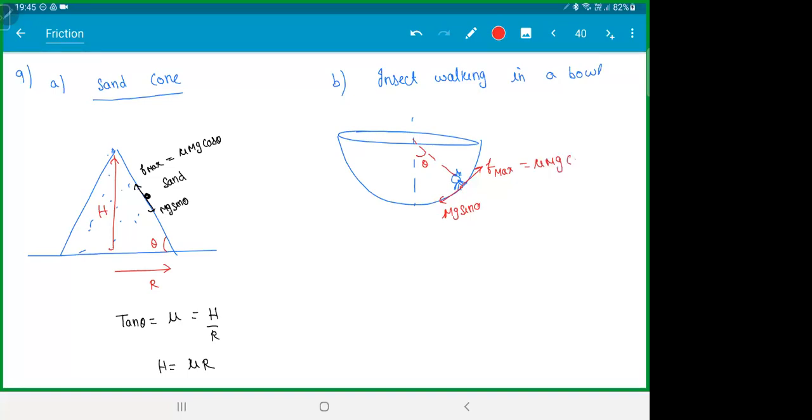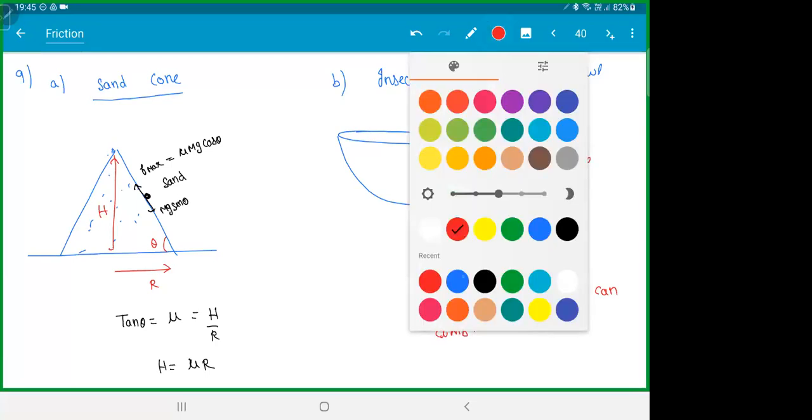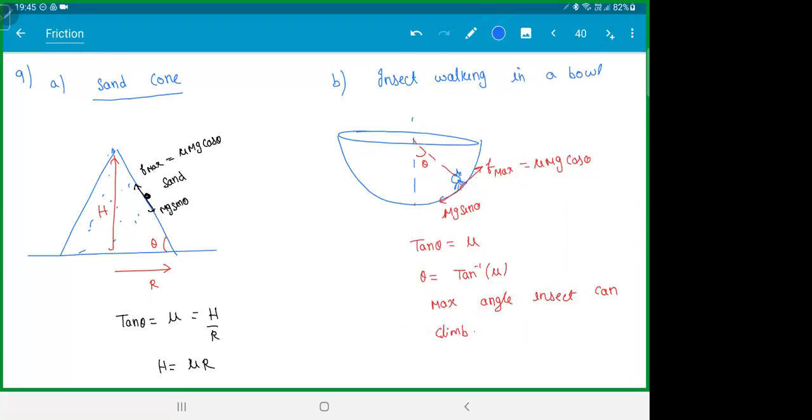Again, it is angle of repose. The insect cannot climb more than angle of repose, tan inverse mu, the maximum angle the insect can climb. All these are based on angle of repose. You could have written directly, it goes up to angle of repose. So height of a sand cone, insect walking in a bowl, these are different cases of it.